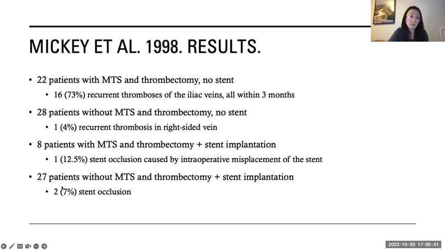For those 27 patients without MTS and thrombectomy with stent implantation, it was very similar to before, with a 7% risk of recurrence or stent occlusion. So clearly, these patient populations seem to present differently and seem to respond differently to the presence of stents.